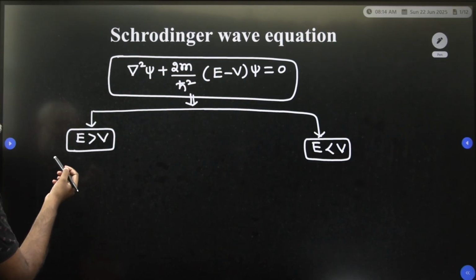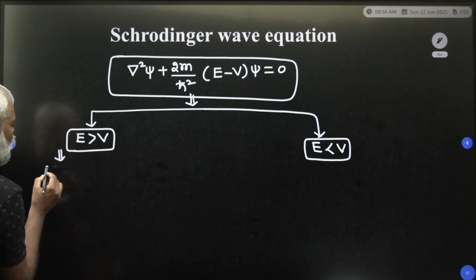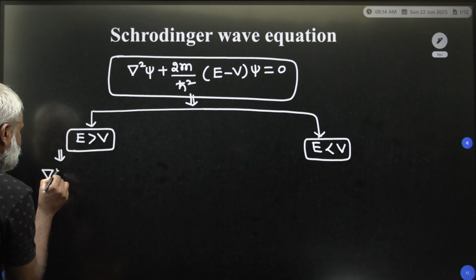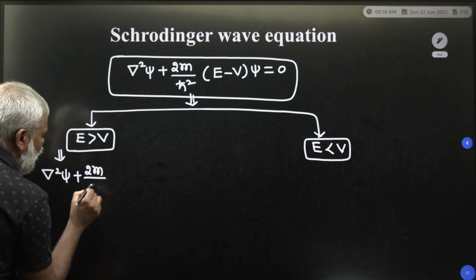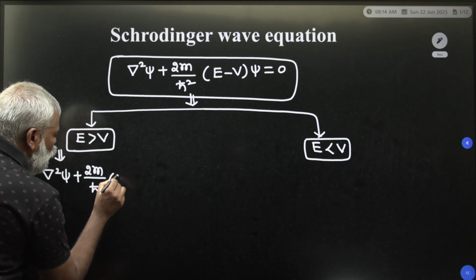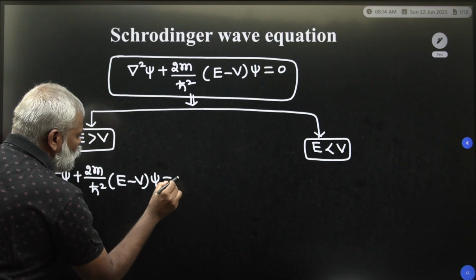Then your Schrodinger wave equation will become del square psi plus 2mE by h cut square into (E minus V) into psi is equal to 0.